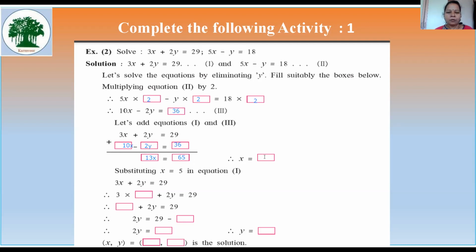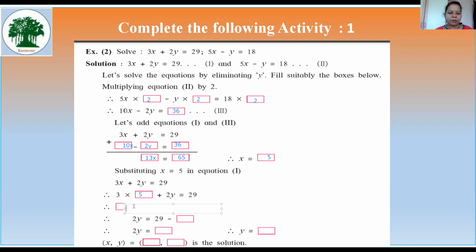Then x is equal to 65 by 13. x is equal to 5. Now we substitute this value of x in the first equation, 3x plus 2y is equal to 29. Here we replace x by 5. So we write 3 into 5 plus 2y is equal to 29.